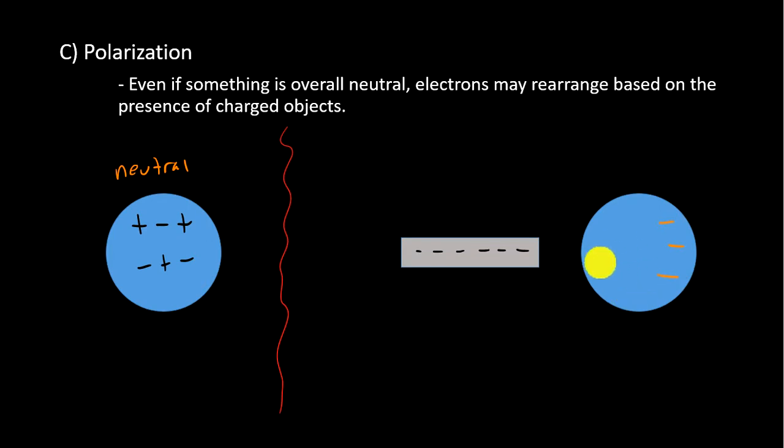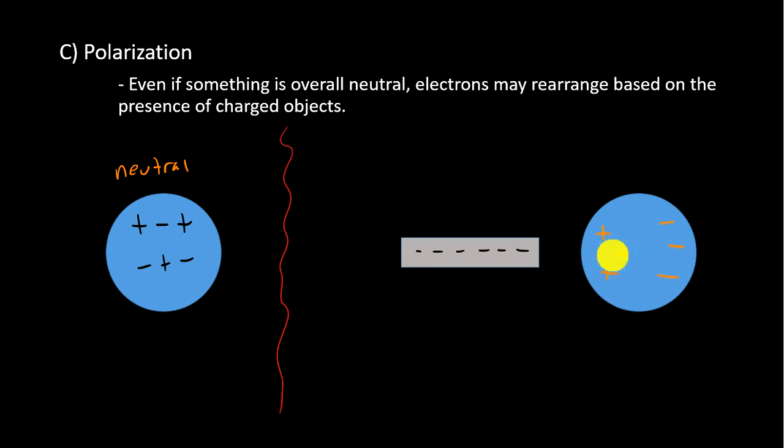Well, if a whole bunch of electrons repel to the right, what's left behind on the left side are positive charges. I am not saying that protons moved over. That is not happening. What's happening is any electrons that were over here slid over to the right, leaving behind positives.